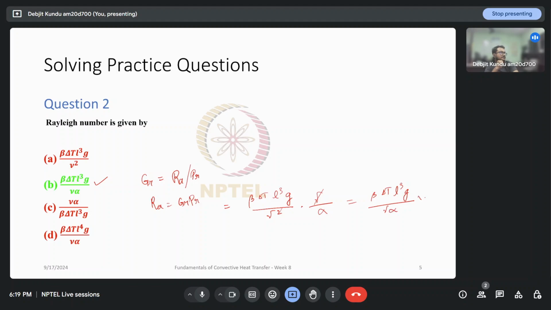So this is what our Rayleigh number would be, and that matches with option B. Okay, and these are the relations between the Grashof number, Rayleigh number, and Prandtl number. So the Rayleigh number is a product of the Grashof number and Prandtl number. All right, so let's move on.